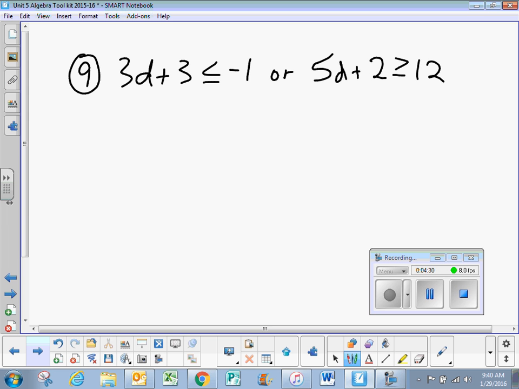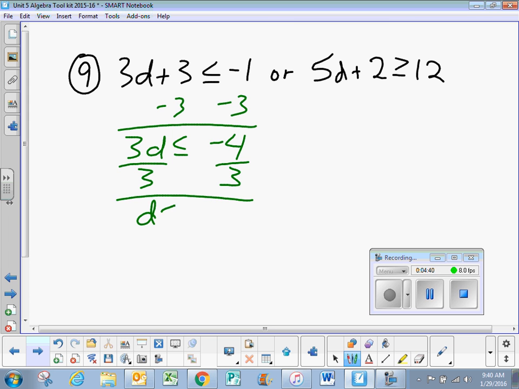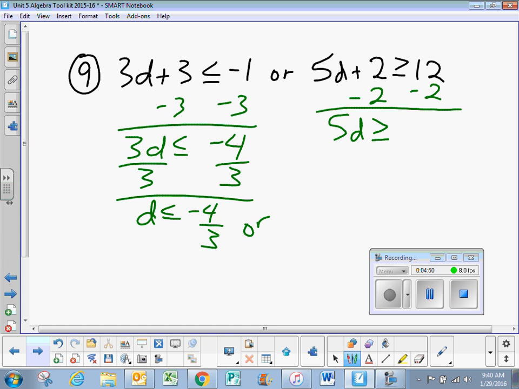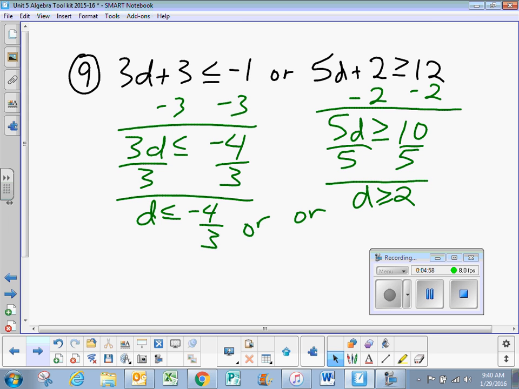So on this one, we would go ahead and subtract 3, and we get 3d is less than or equal to negative 4, divide by 3, and d is less than or equal to negative 4/3, or negative 1 1/3. Here we would subtract 2, and get 5d is greater than or equal to 10, divide by 5, and d is greater than or equal to 2. Okay, that's an OR.